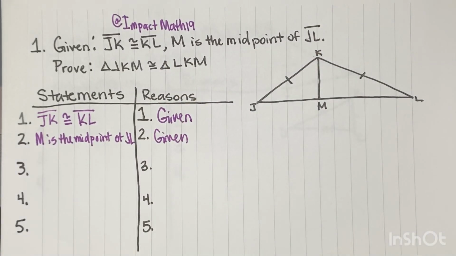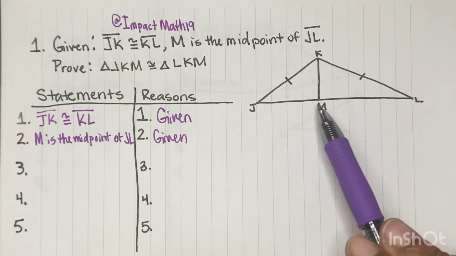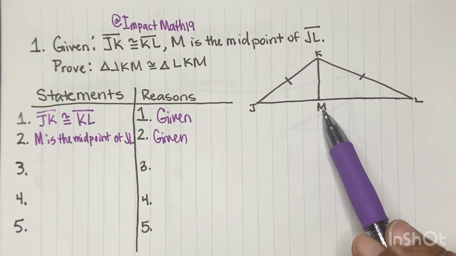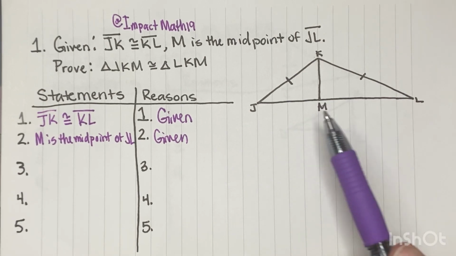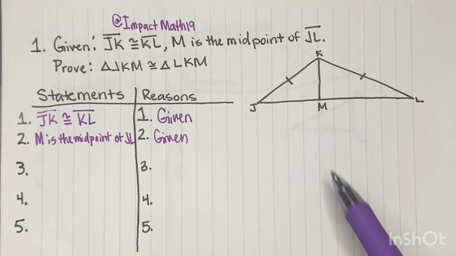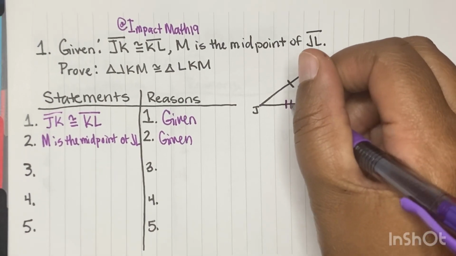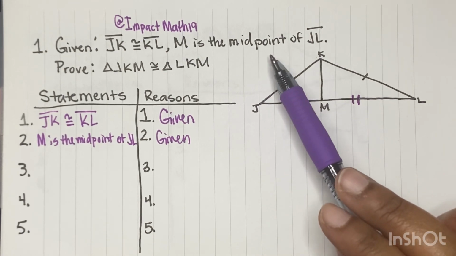Now we have to understand what this means. When it says M is the midpoint, what does the midpoint do? What the midpoint does to a line segment is it breaks it equally. So I can know that this side is equal to this side because that's the definition of a midpoint.